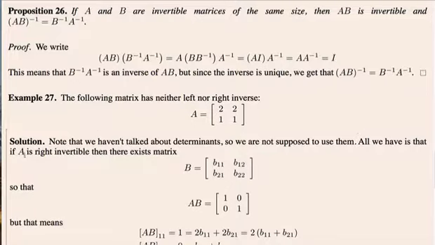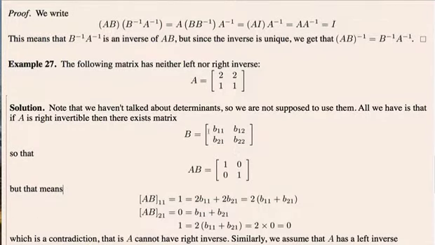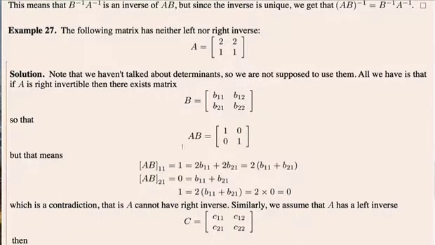All we know is that if A has a right inverse, then there is a matrix B such that A times B is the identity matrix. If you write this out with the notation B11, B12, B21, B22, then the 1,1 entry of the AB product is 1, and you get this from the first row of A times the first column of B. So this is 2 B11 plus 2 B21.